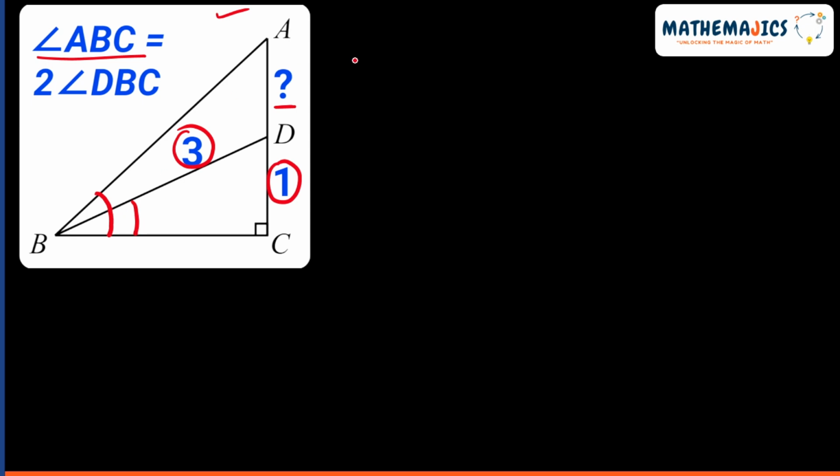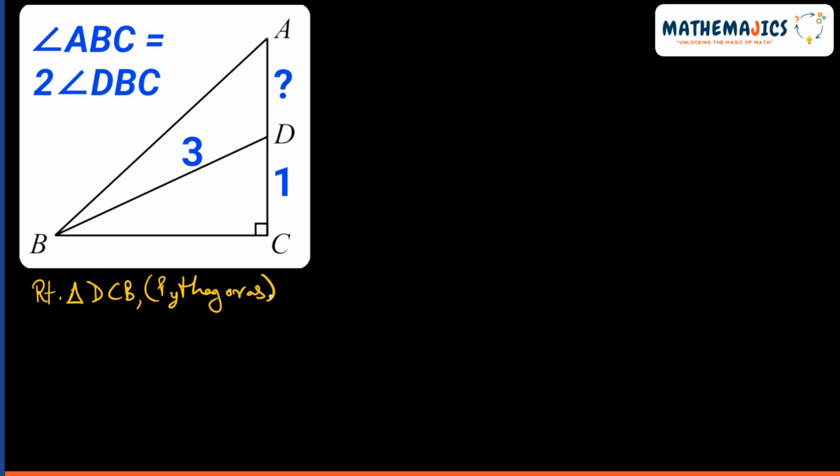Now let's see how we can find the value of AD. How can we find the length of AD? First of all, let's start with right triangle DCB and apply Pythagoras theorem here. Pythagoras theorem in this right triangle. If we apply Pythagoras theorem, what we will get?